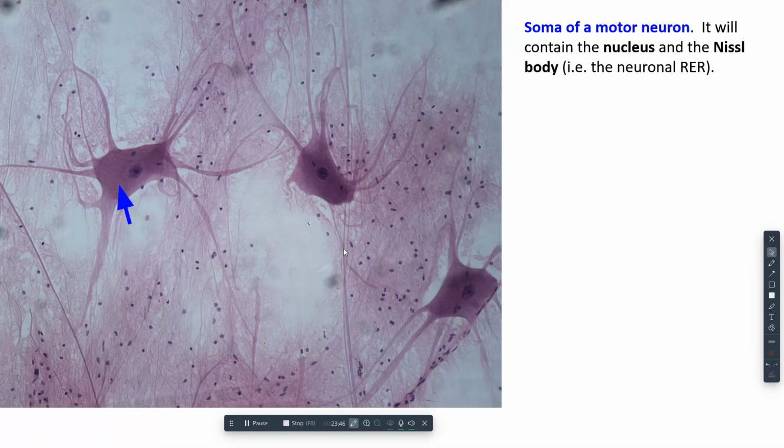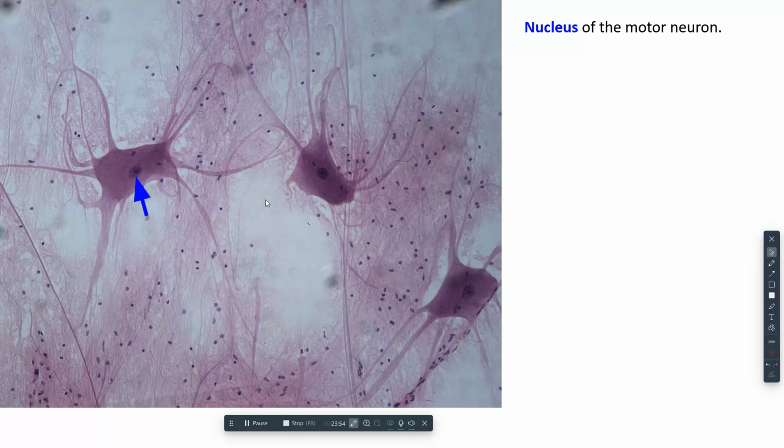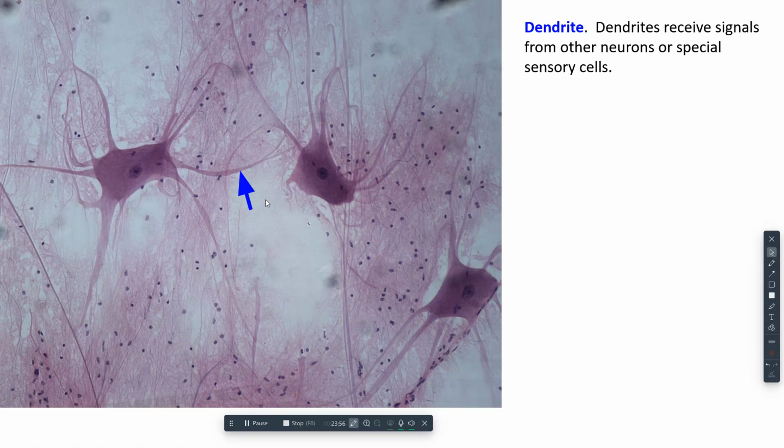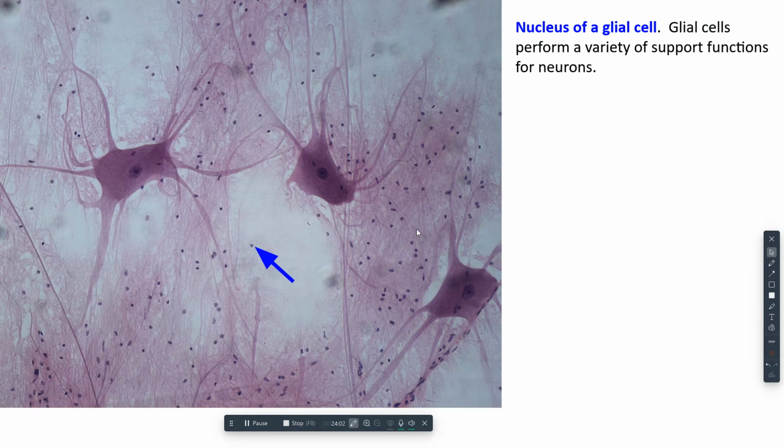I can see the cell body of my motor neuron here. I do see its nucleus, and then the Nissl bodies around it. There's my nucleus. There's a nice dendrite, of course, part of the receptive region of the neuron. And there's a glial cell right there.